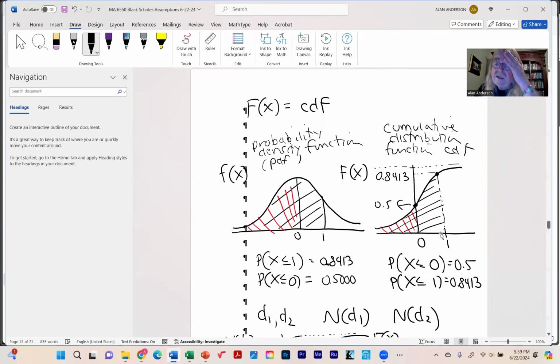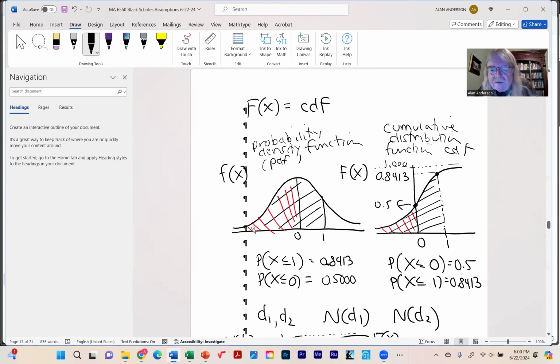If you notice on the right, the curve is representing the total area up to that point. On the left, the height of the curve is the probability density, but on the right, the height of the curve is the cumulative probability, which means it's converging to one. You can see that the height of that curve cannot go above one.